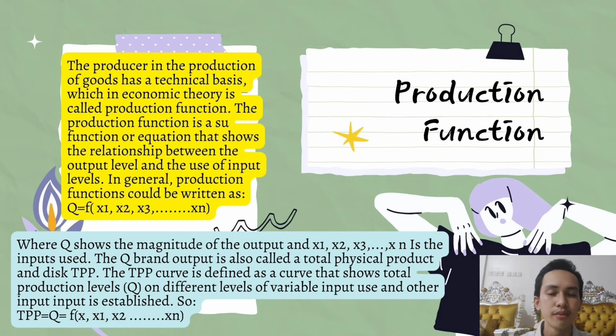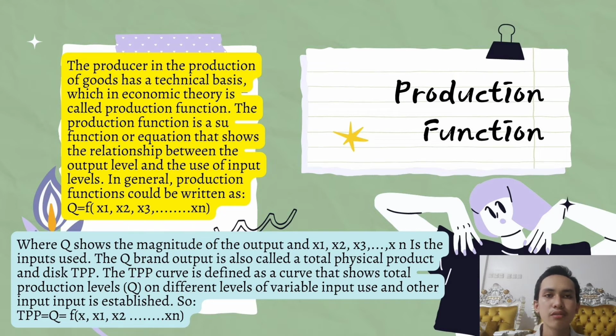Production function. The producer, in the production of goods, has a technical basis, which in economic theory is called the production function. The production function is an equation that shows the relationship between the output level and the input level used.